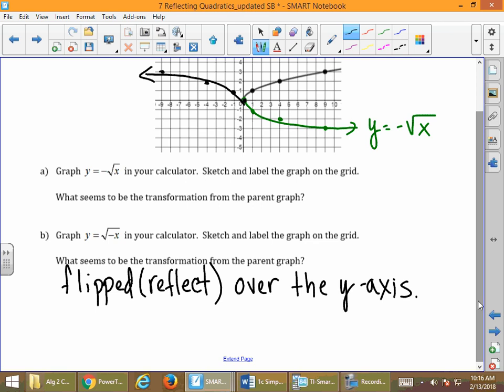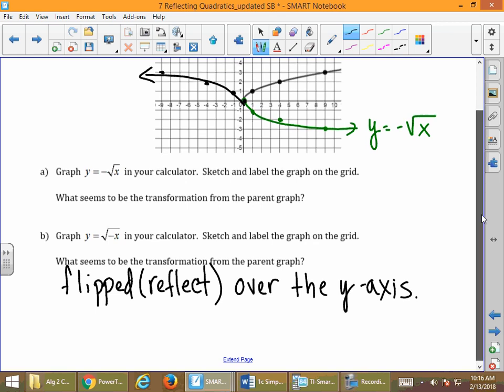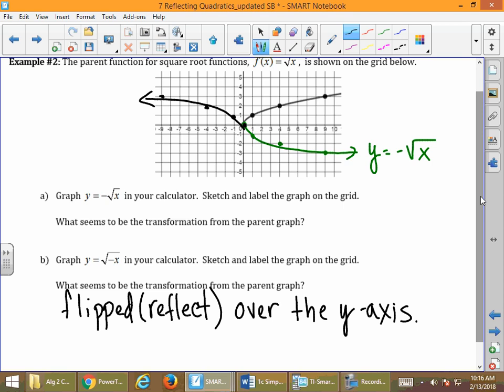Before I move back to 1b, let's fill in that green idea, y equals negative square root of x. This is what we were just doing, y equals the square root of negative x.